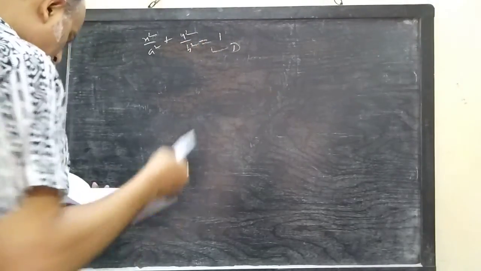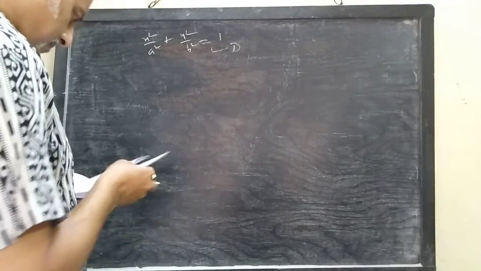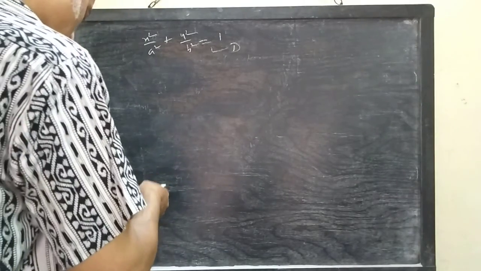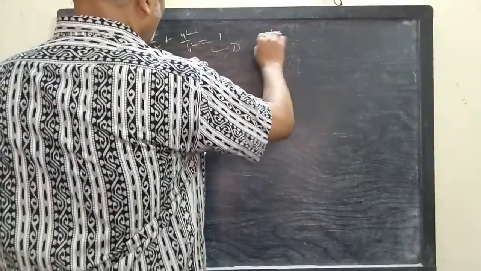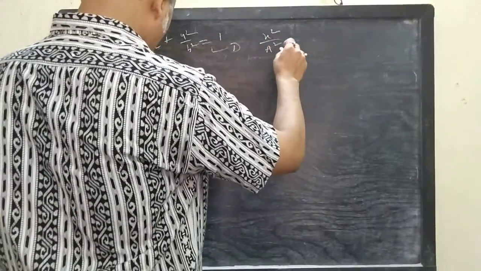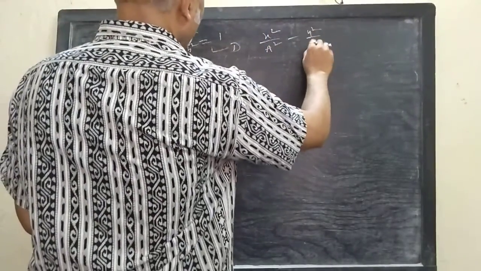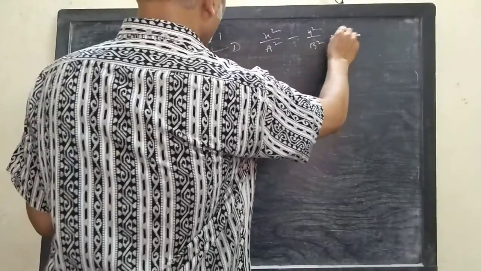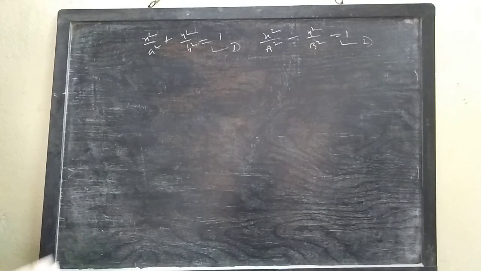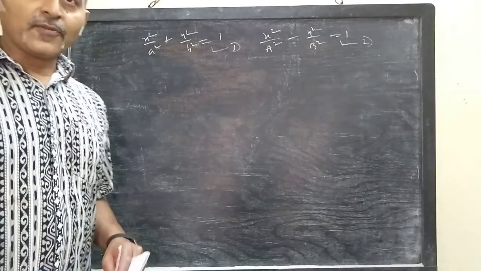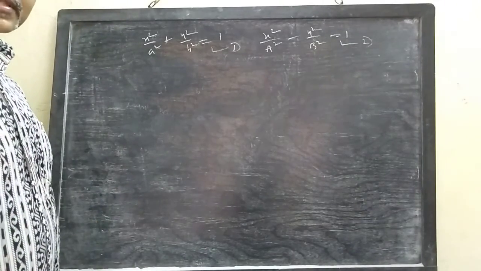And the second one is a hyperbola, x square by capital A square minus y square by capital B square equals 1. This is number 2. You are asked to find the condition under which the curves 1 and 2 intersect orthogonally. So first, let alpha comma beta be their point of intersection.